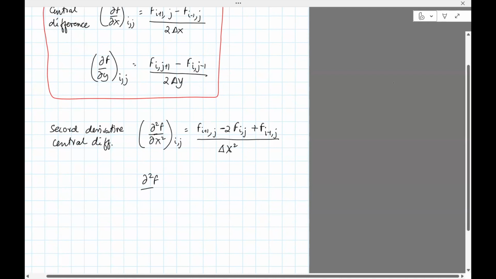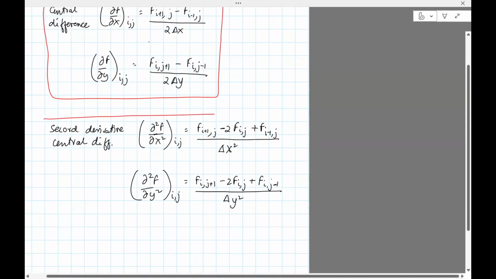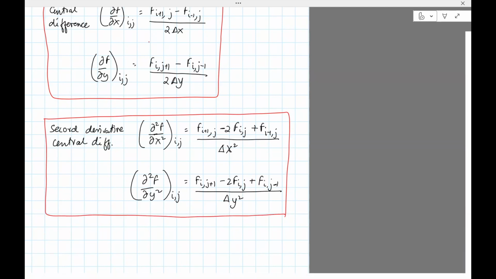Then d squared f/dy squared at i, j would be F i, j plus 1 minus 2 F i, j plus F i, j minus 1, over delta y squared. Yeah, I hope you get the pattern. It's not very hard if you write these once you know how the central difference works for the first derivative.